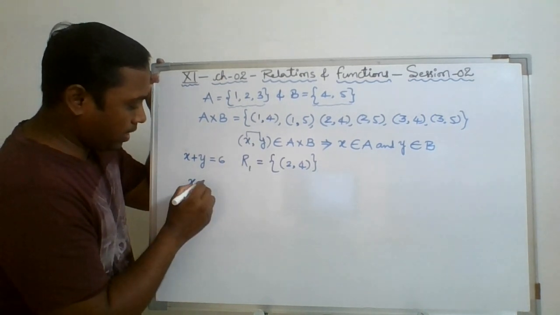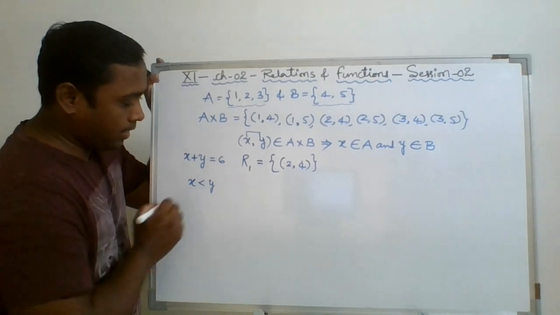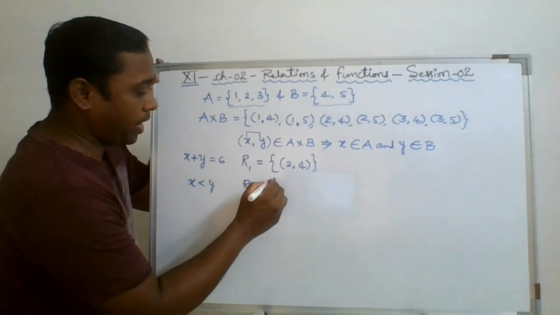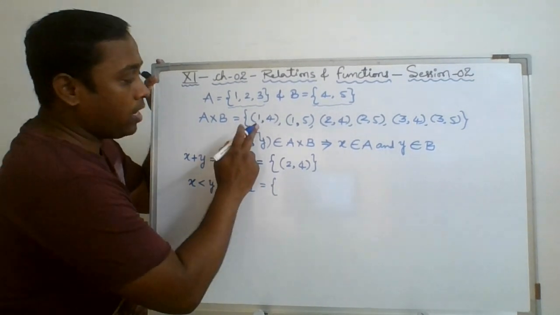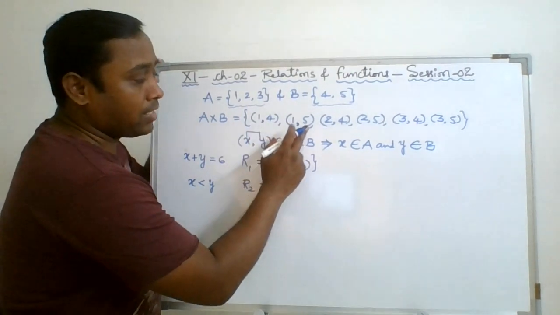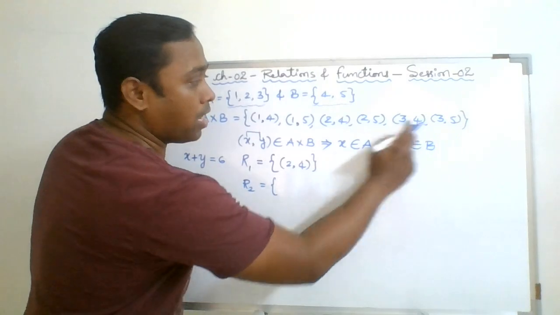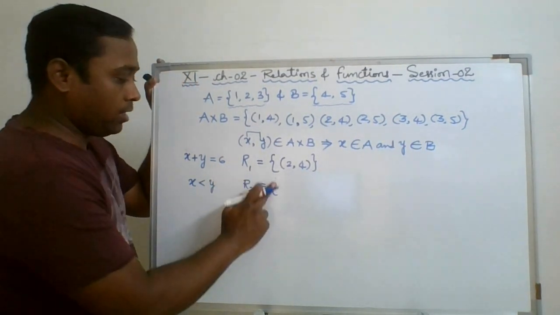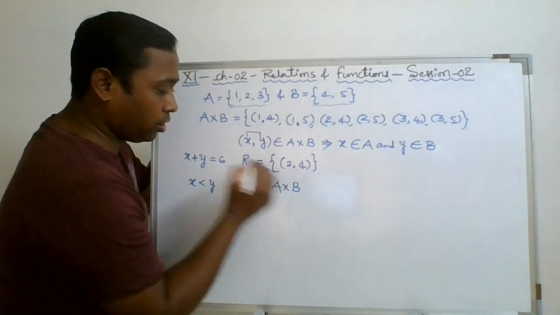I am writing x is less than y. Now just find out those ordered pairs which satisfy this relation. So 1 is less than 4, 1 is less than 5, 2 is less than 4. Every ordered pair in the Cartesian product satisfies this condition. Hence R2 is basically equal to the Cartesian product.